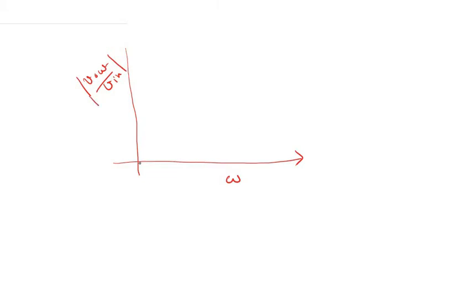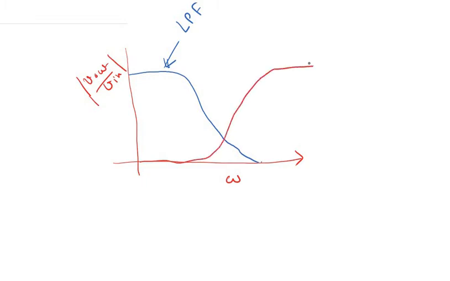So let us say if the transfer characteristics of the low pass filter were like this, and this is the transfer characteristics of the low pass filter, and let us say that if the transfer characteristics of the high pass filter were somewhat like this, which is basically the condition that omega high pass is actually greater than omega low pass, then you can understand that there is no common range of frequency which actually appears at the output.